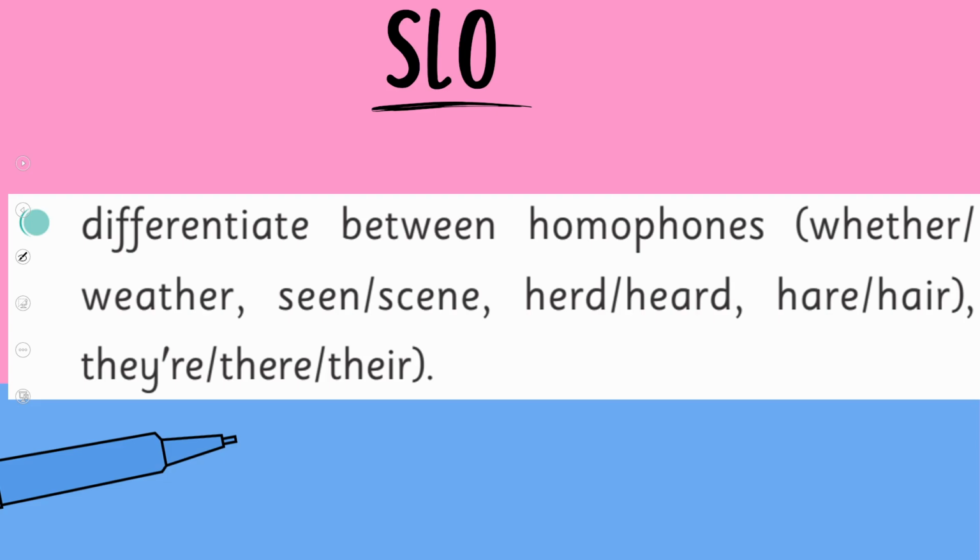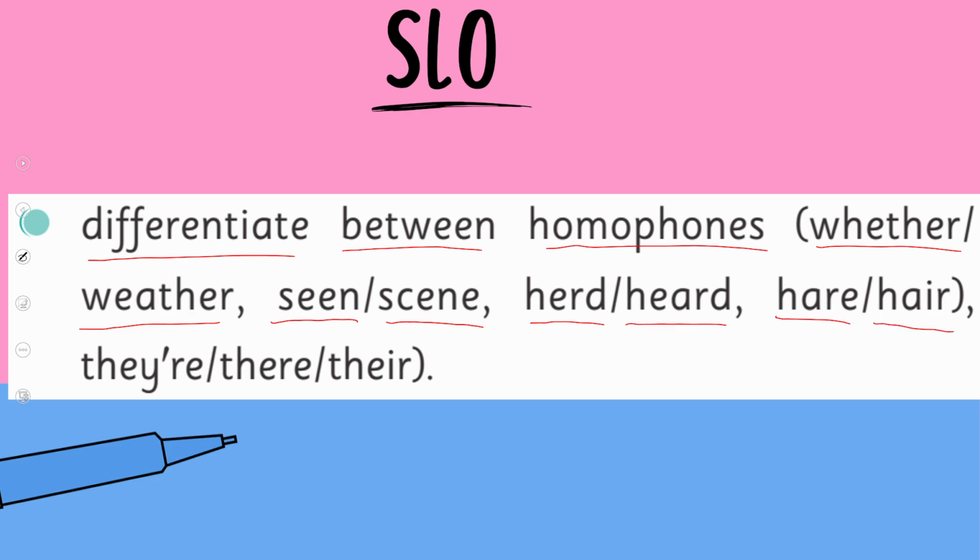The SLO is: differentiate between homophones like weather or whether, seen or scene, heard or herd, hair or hare, they're, their and there.